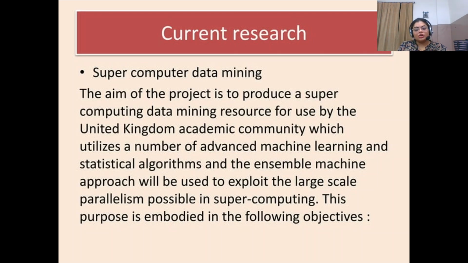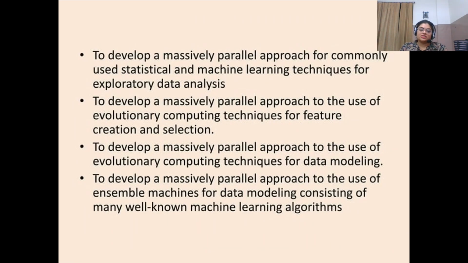The purpose is embodied in the following objectives. The first objective is to develop a massively parallel approach for commonly used statistical and machine learning techniques for exploratory data analysis; to develop a massively parallel approach to the use of evolutionary computing techniques for feature creation and selection; to develop a massively parallel approach to the use of evolutionary computing techniques for data modeling; and to develop a massively parallel approach to the use of ensemble machines for data modeling, consisting of many well-known machine learning algorithms.